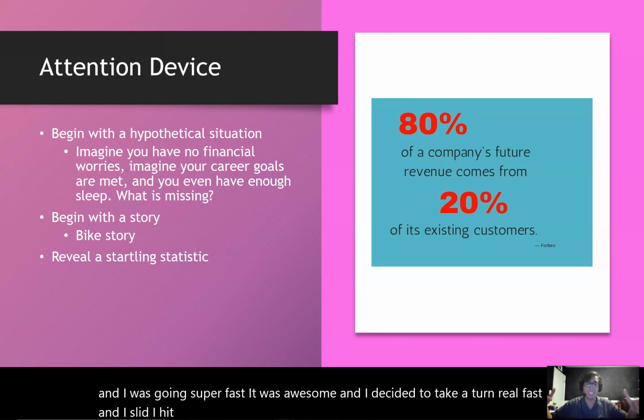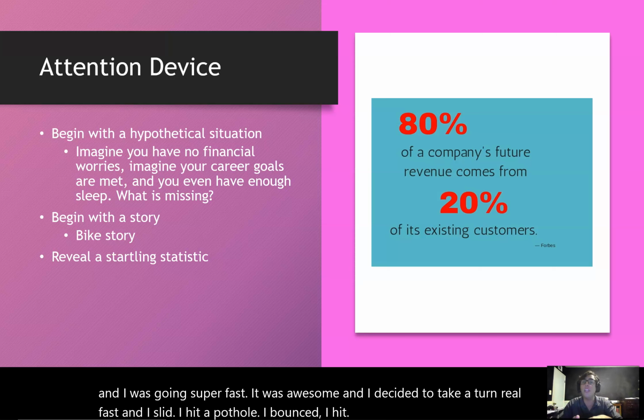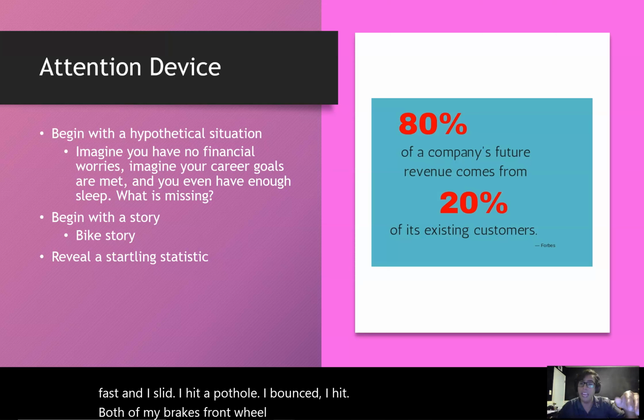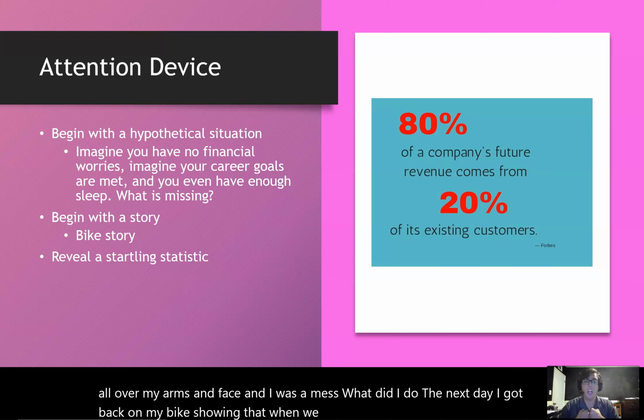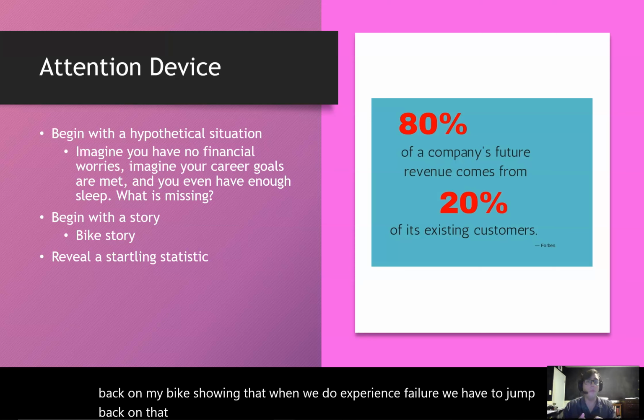I bounced, I hit both of my brakes, front wheel went first, went over the handlebars, scraped up all over my arms and face, and I was a mess. What did I do the next day? I got back on my bike, showing that when we do experience failure, we have to jump back on that bike. By starting off with a story like that, it can grab the audience's attention.